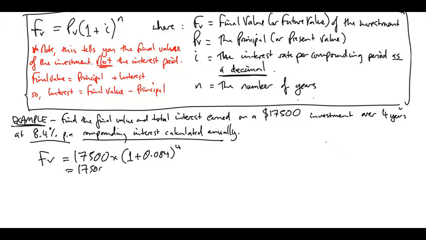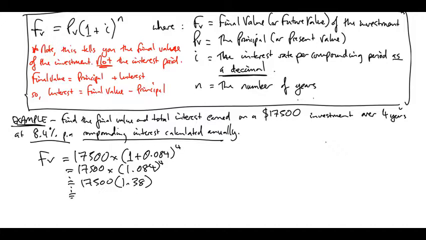BEDMAS tells me you need to work out the bracket first, so this is going to be 1.084 to the power of 4. BEDMAS also tells me I need to deal with exponents first, so we need to work out 1.084 to the power of 4, which is going to be 1.38. That's to 2 decimal places, so I need to say it's approximate there.